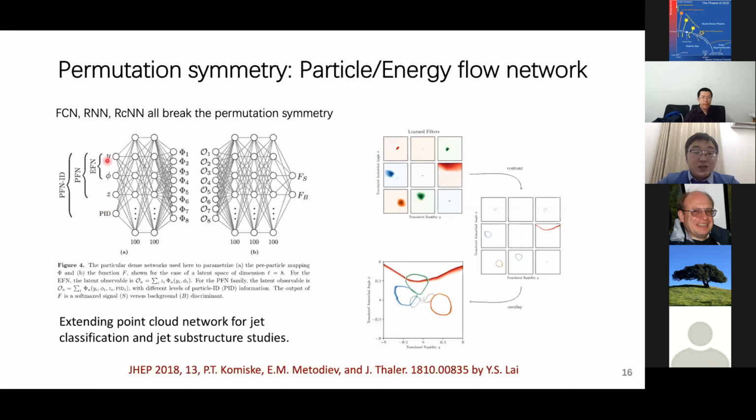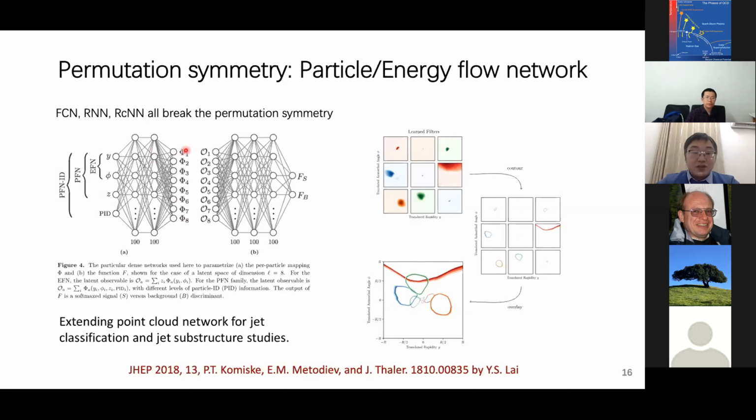And this network produces many high-dimensional latent features, or latent variables. This network is shared by all the particles in a single event. So each particle has a latent variable phi1.